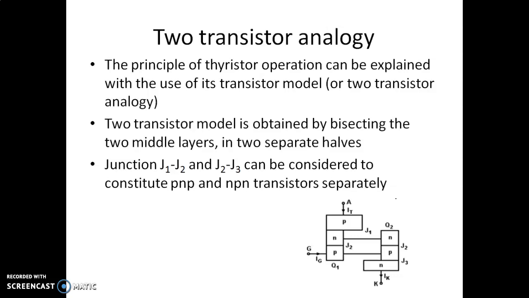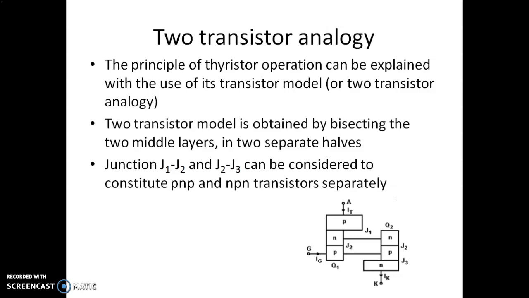You have to give some method to trigger the SCR in order to start conduction, or in order to make it transfer from the blocking state to the on state. So we are going to explain the principle of SCR using this two-transistor analogy.